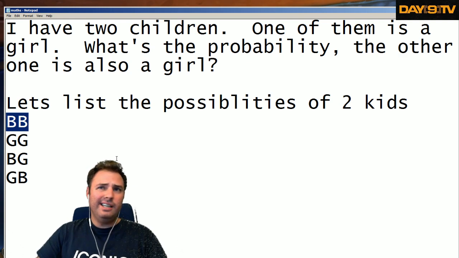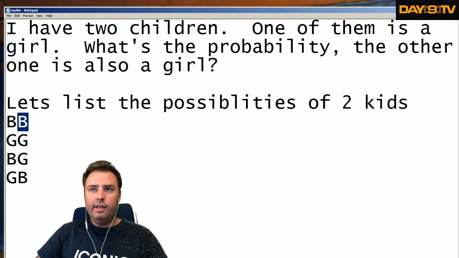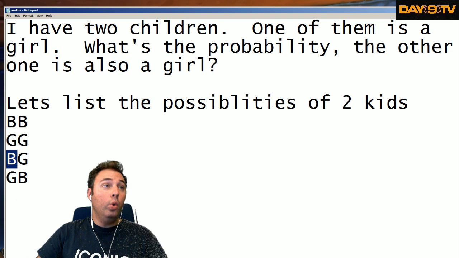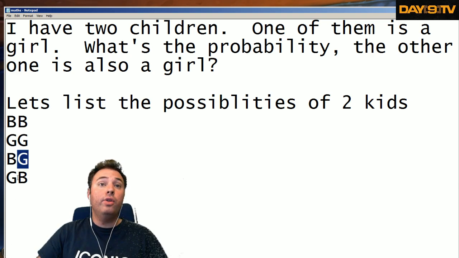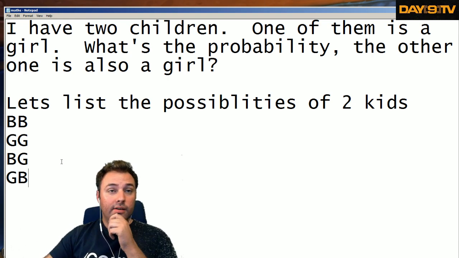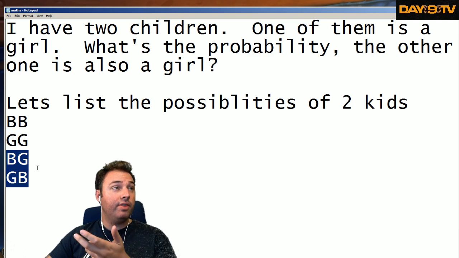If we pretend one of the kids is older, the oldest is a boy and the youngest is a boy. The oldest is a girl and the youngest is a girl. The oldest is a boy and the youngest is a girl, or the oldest is a girl and the youngest is a boy. These are not the same. These are 2 different things.